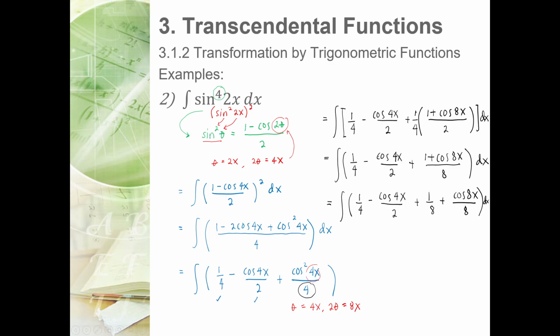If you do the basic math, you will be adding fractions manually, because I think in the midterm exam you cannot use the calculator. So 1/4 plus 1/8, that would be 3 over 8.